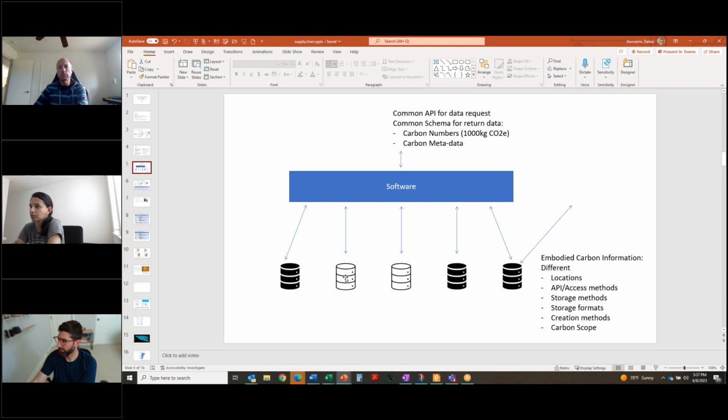And so we're not assuming that everybody is going to go to one database and use one methodology for reporting their embodied carbon. So kind of the point of our API and our metadata schema is that we can go to any of these places, pull out the data into one common format, and share it from there.